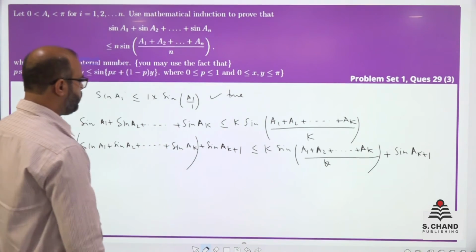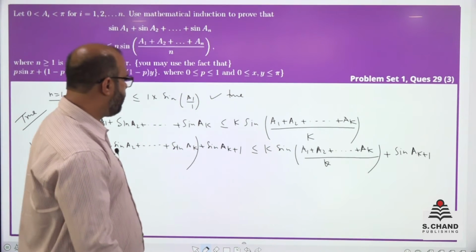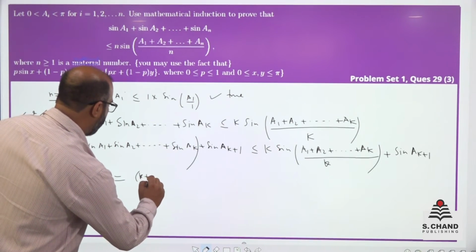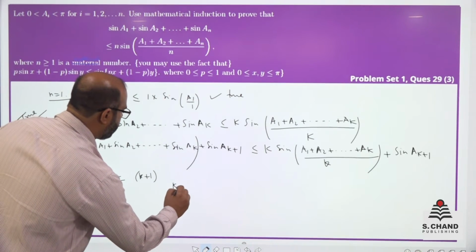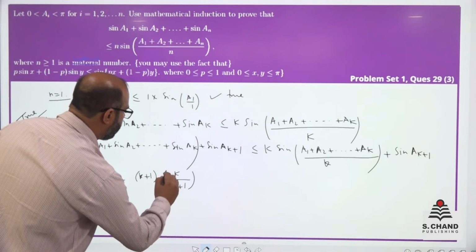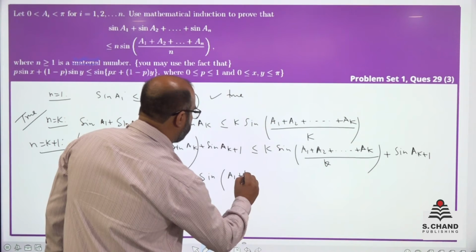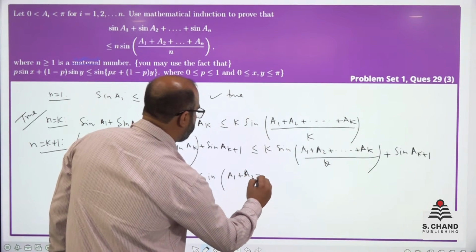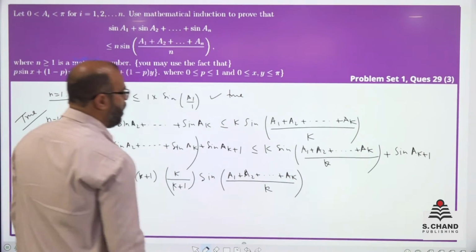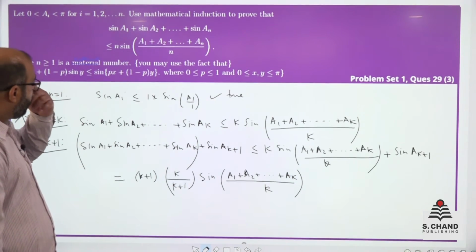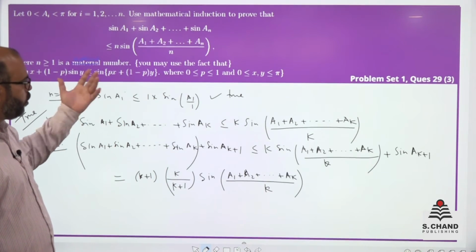Now this is equal to, I am writing it as k plus 1 in the denominator, k upon k plus 1 sin of (A1 plus A2 plus dot dot dot Ak) by k, and sin A(k+1) is less than or equal to sin A(k+1), that we already know.